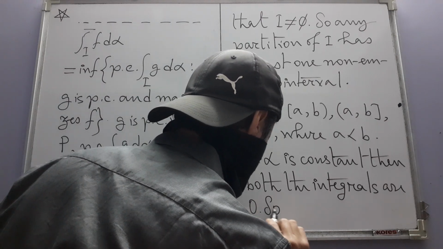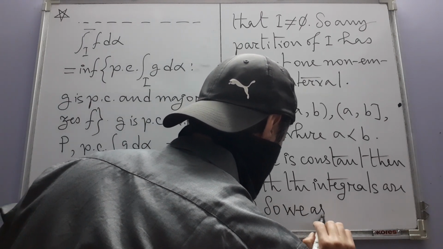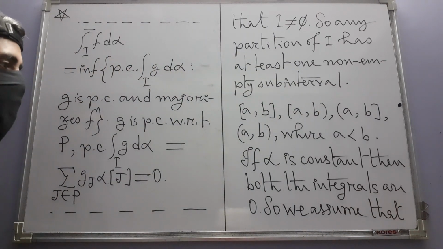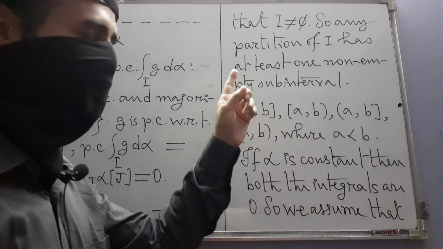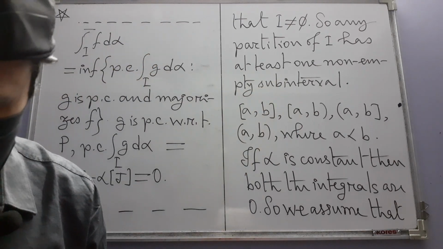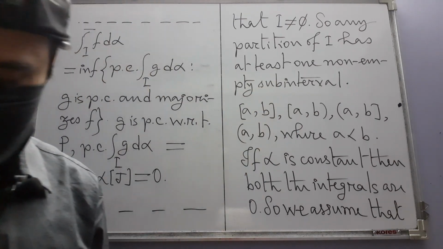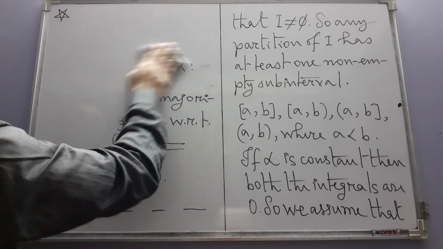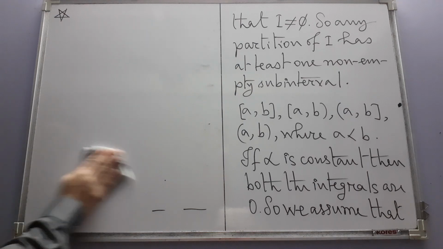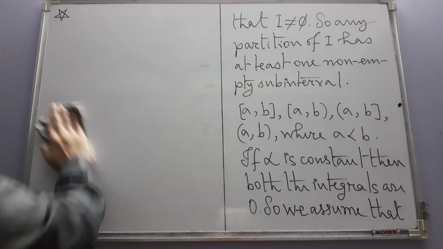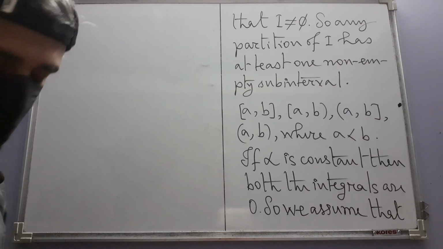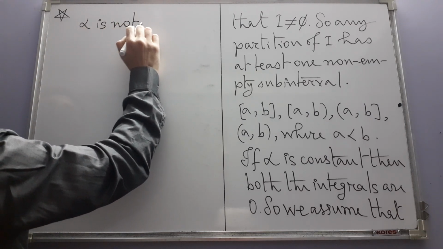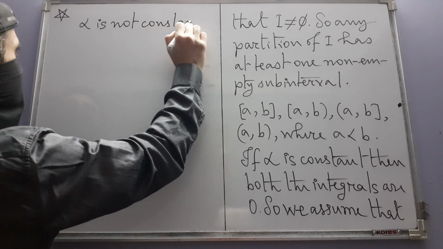So we assume that alpha is not constant. These things actually are there in the book itself, because this is how the proof of the original result went. Alpha is not constant.